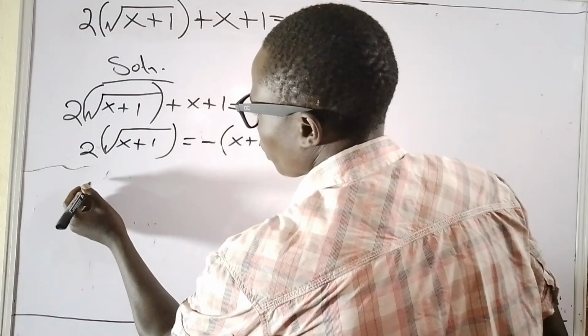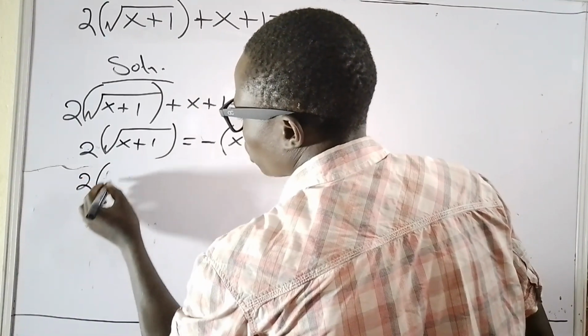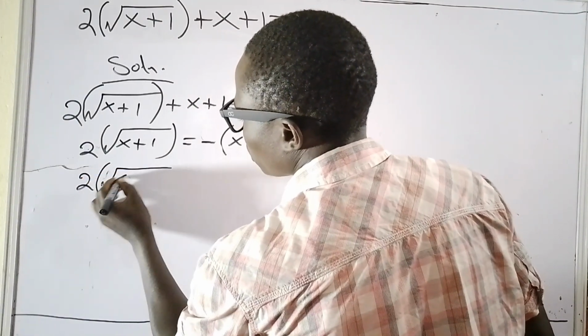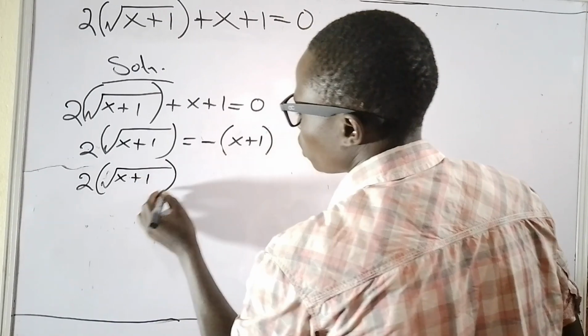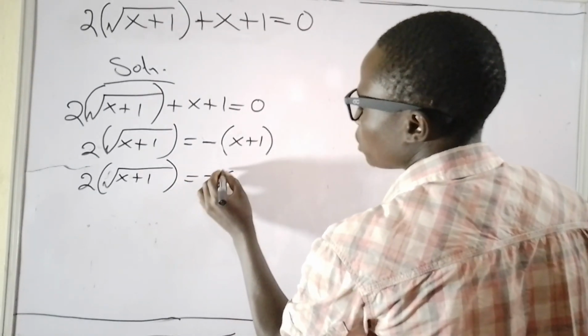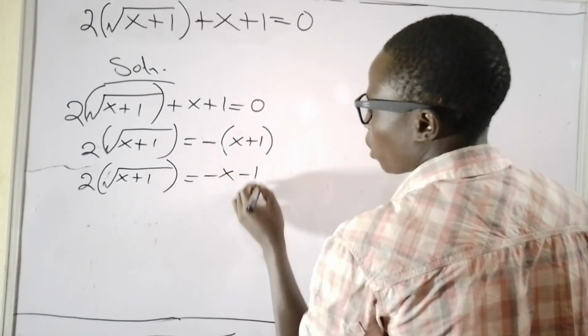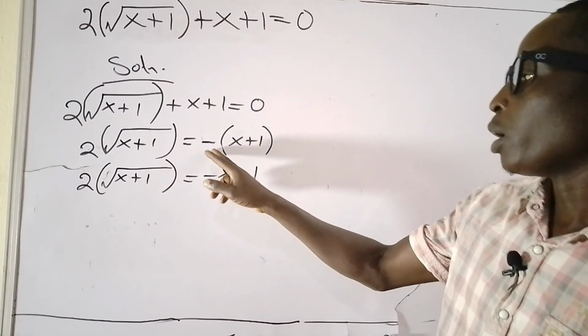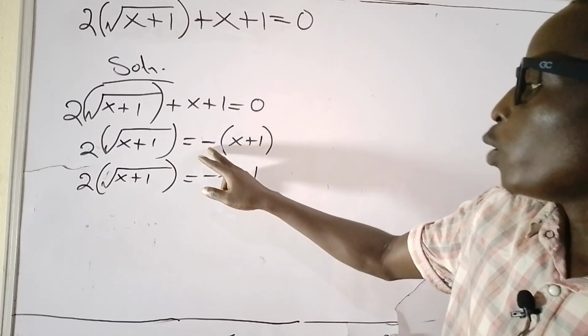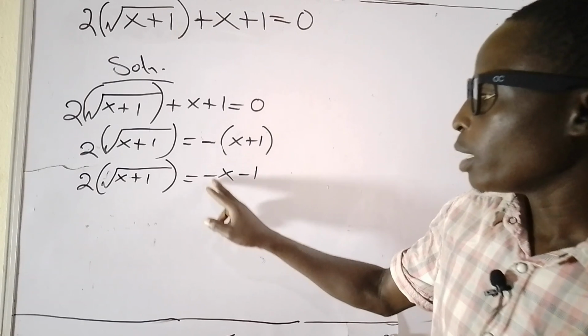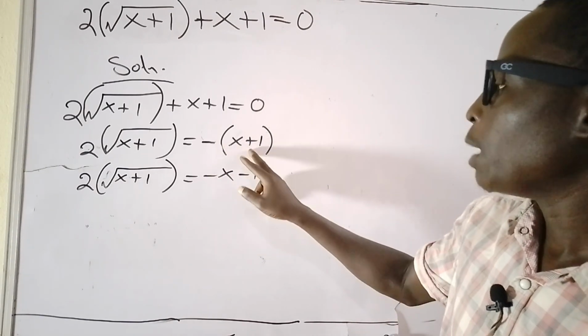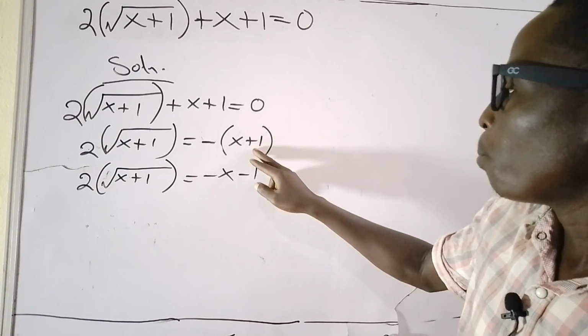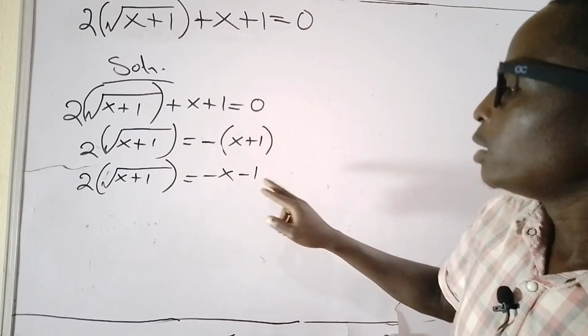So this is 2 multiplying root x plus 1 close bracket is equal to minus x minus 1, because if minus 1 opens this bracket, it will be minus 1 times x is minus x, and minus 1 times positive 1 will be negative 1.